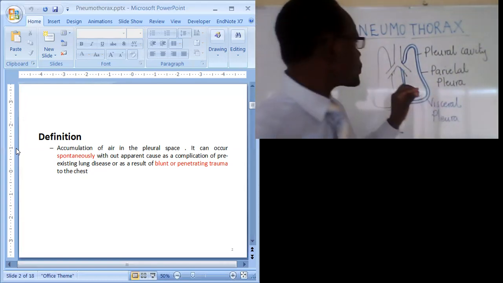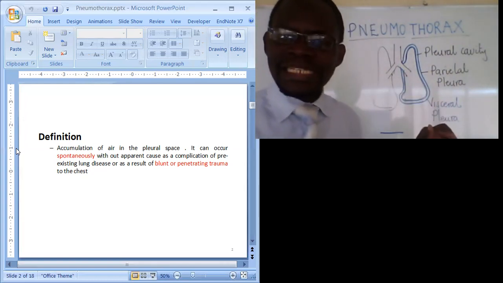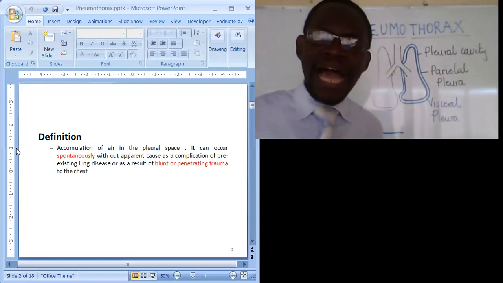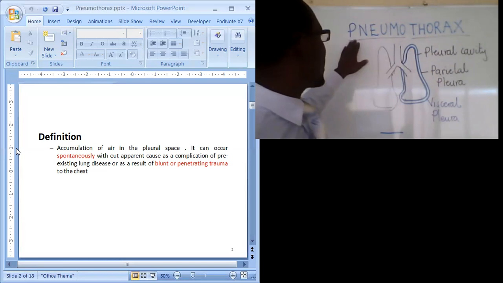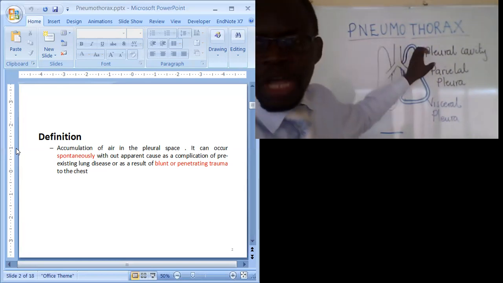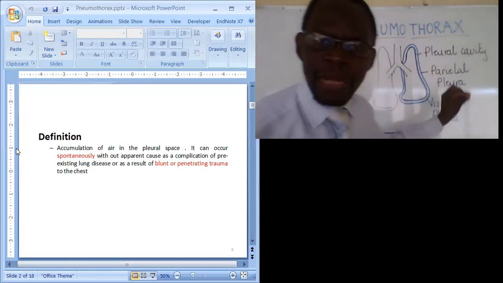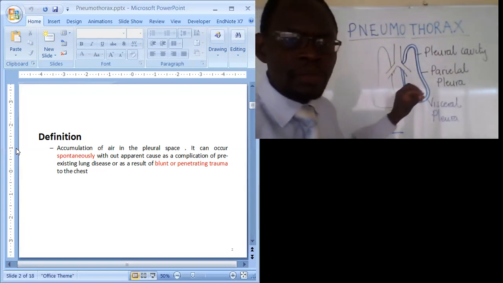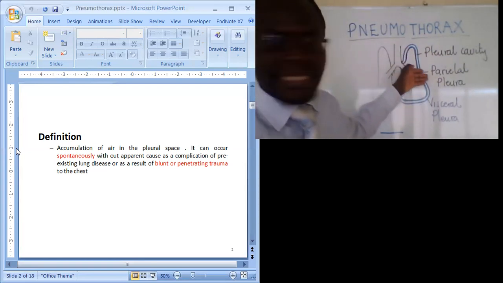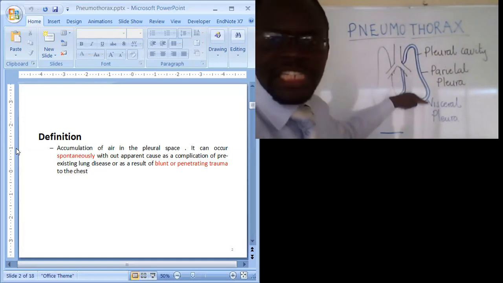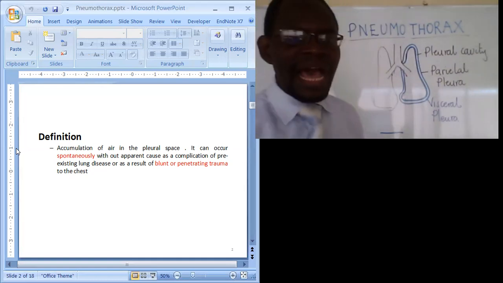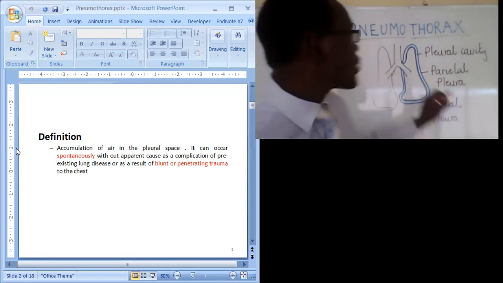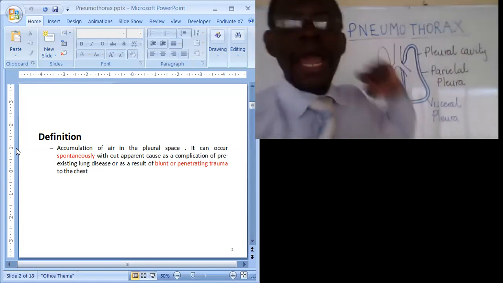However, because it is a space that can actually enlarge, because of some pathology that can occur, as we are going to see, air can accumulate within that space, and then the term is referred to as pneumothorax.